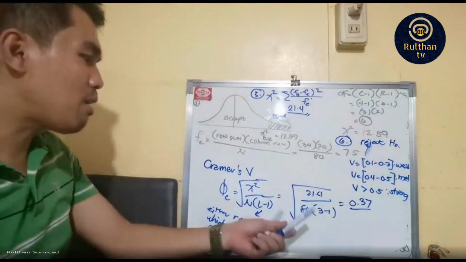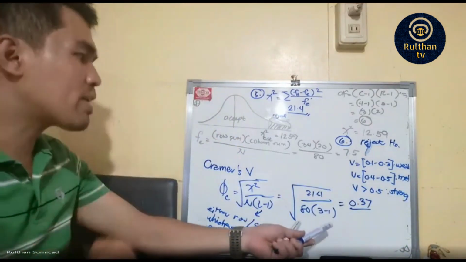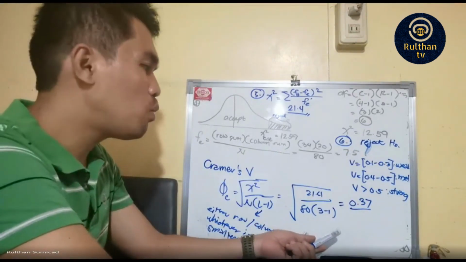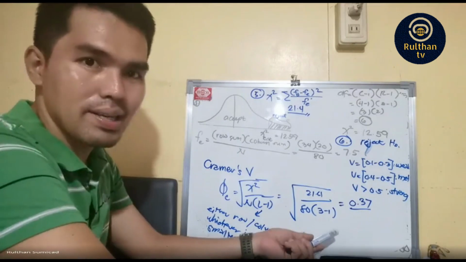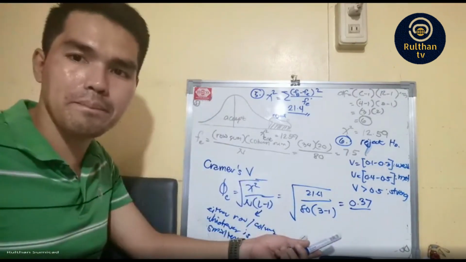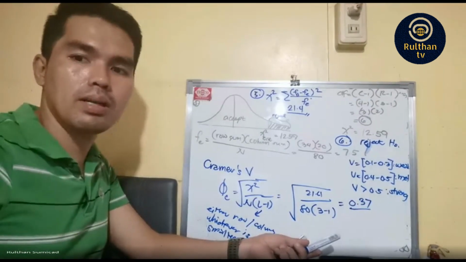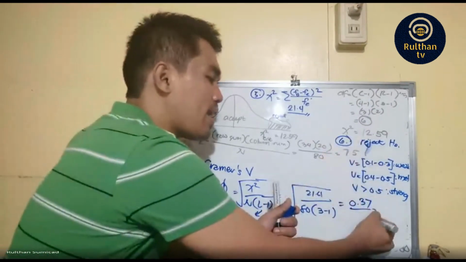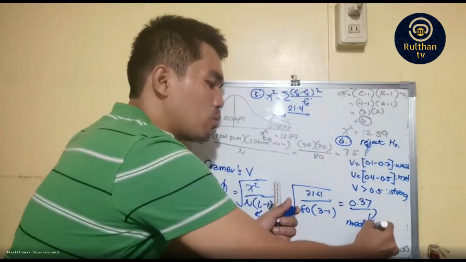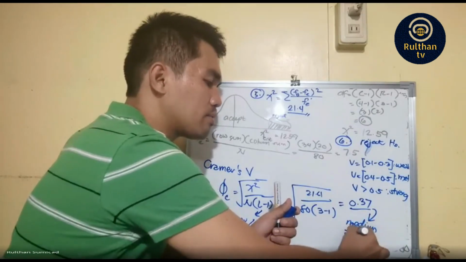Now, if we look at our Cramer's V or our Cramer's phi here, what type of association is there? Since it's significant, what type of association do we have? This falls on the medium. There is a medium association.